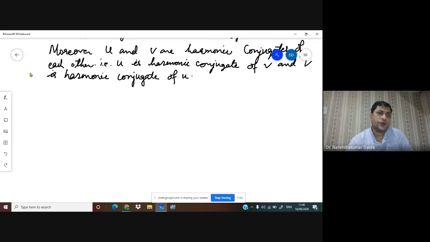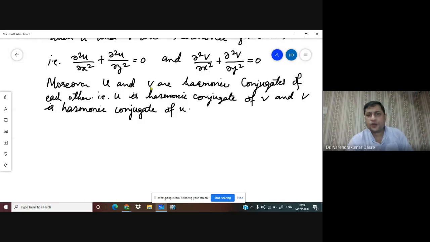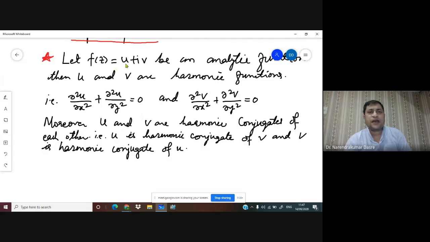Okay, so now if I know u, I can find v. If I know v, I can find u. The link between u and v is that the function u plus i v is analytic. So if u plus i v is an analytic function, then u and v are harmonic conjugates of each other, and hence we can find each from the other.